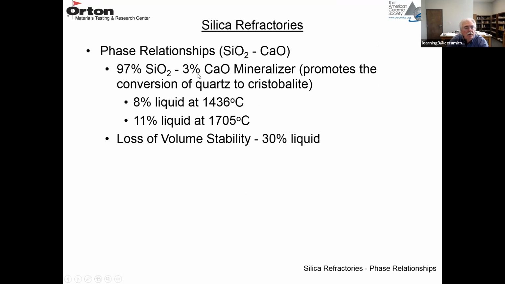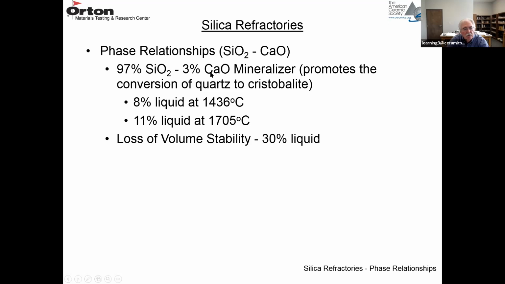So if you have 97% silica, 3% lime. We just mentioned it promotes the conversion of quartz to cristobalite. So at this combination, as you add lime, you create more liquid.